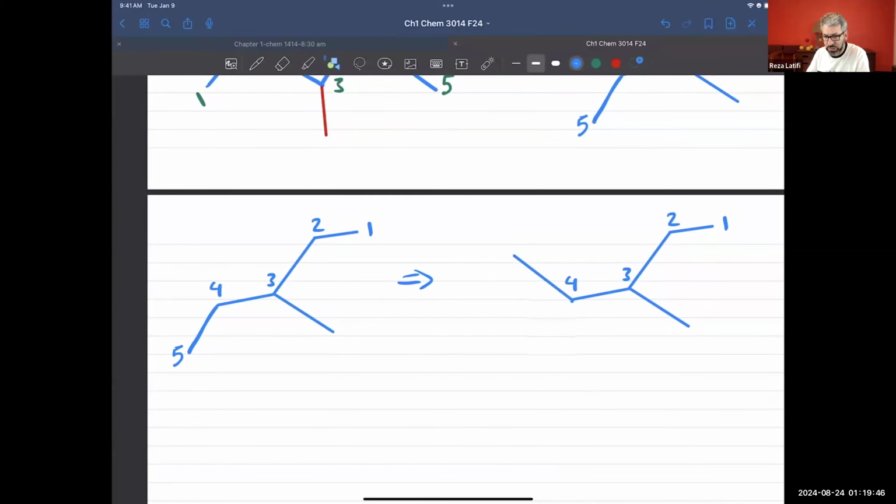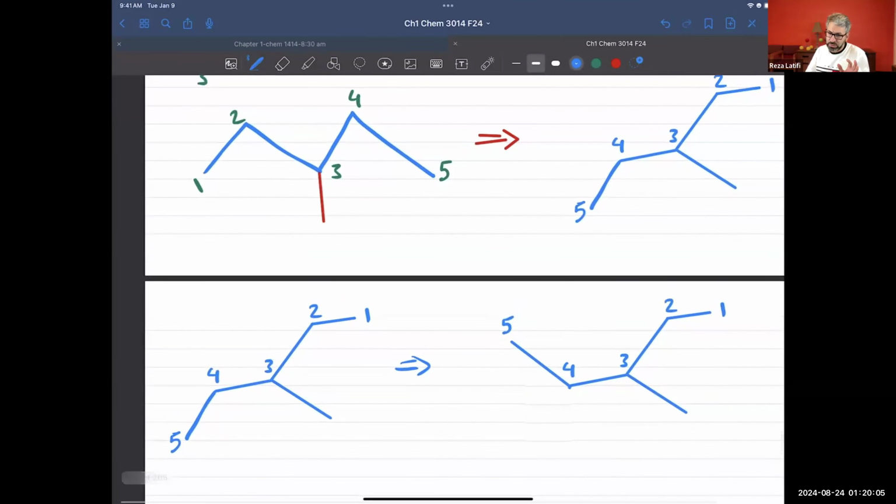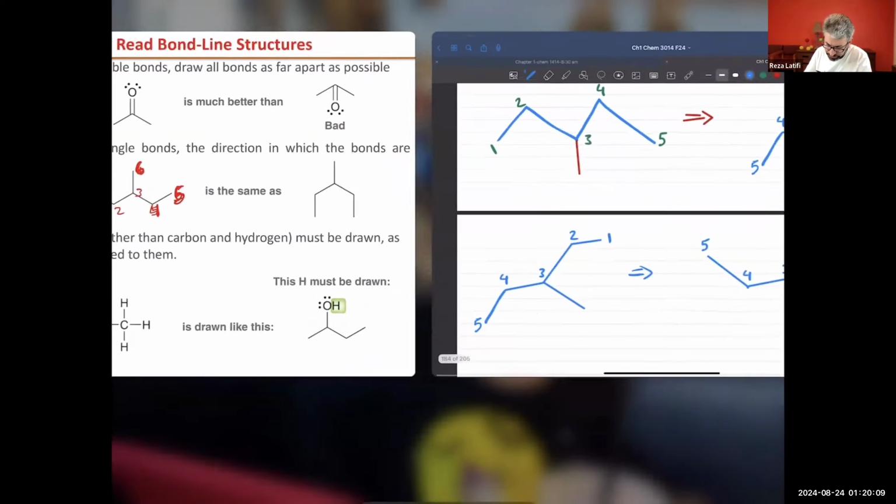That's completely fine, and that's going to be number 5. Why do I keep saying this is completely fine? Because I'm trying to respect the bond angle. I'm trying to keep it around 109. All of them are the same structure, and there's nothing wrong with any of them.